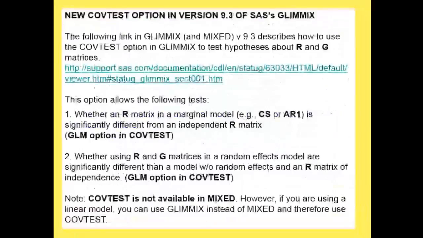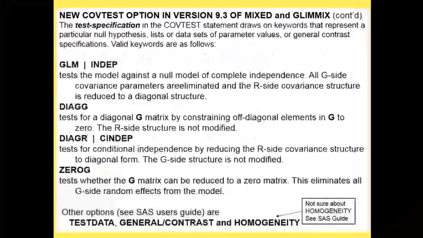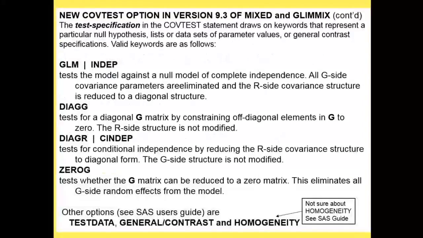I'm going to skip to this, wherever it is here. COVTEST, okay? There are several different options you have when you want to use the COVTEST statement to test for hypotheses about correlation structure. One of them is called the GLM option, okay?